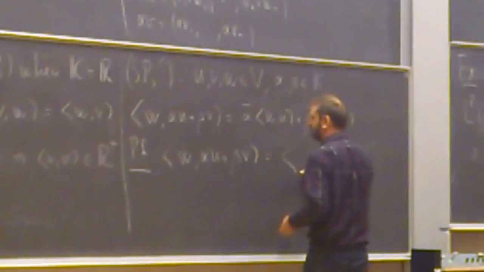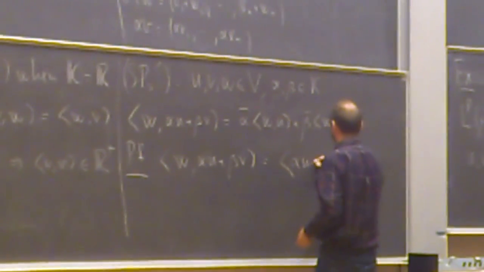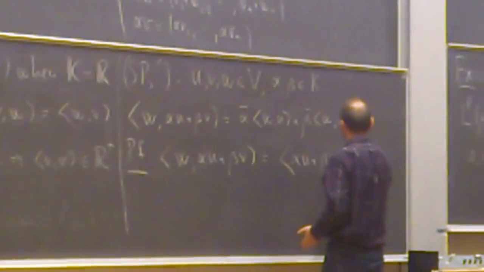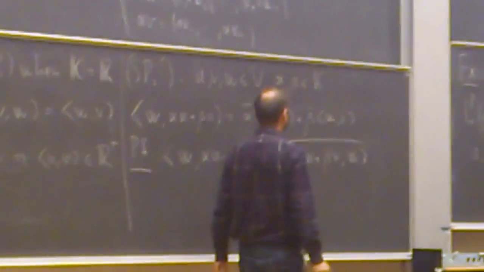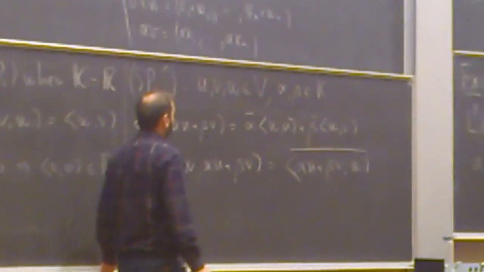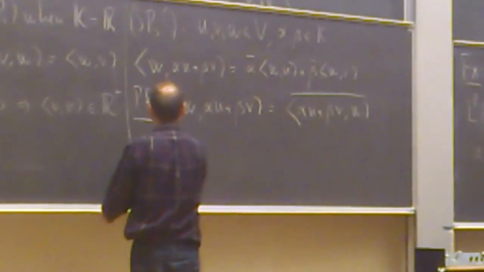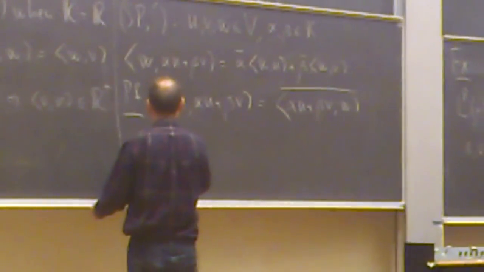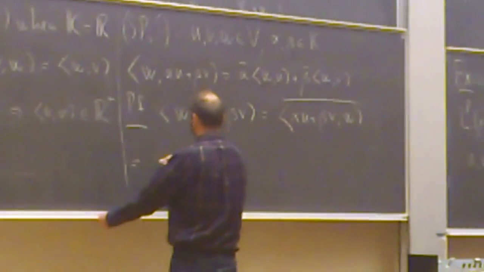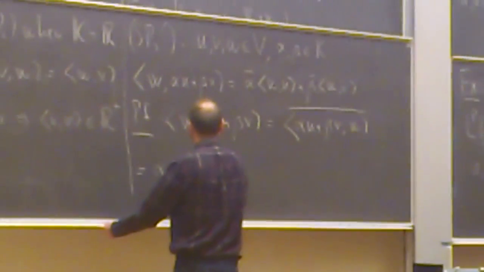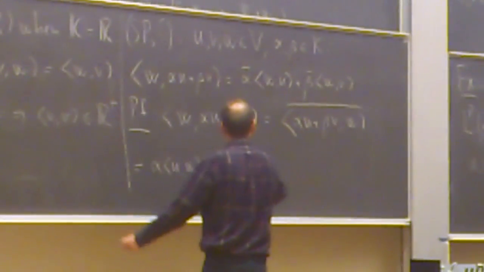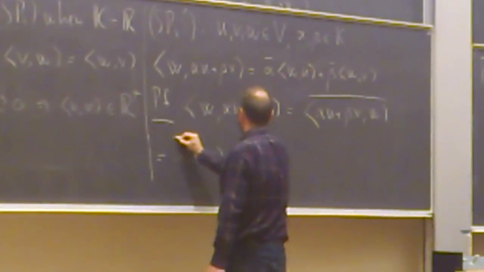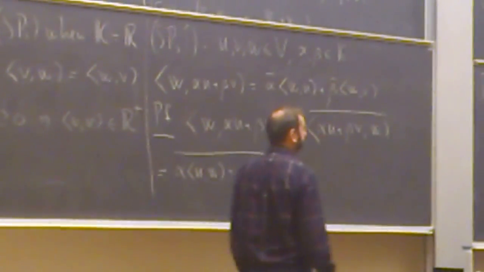So using SP2, we can interchange. We use symmetry, but then we have to complex conjugate. And then we can use linearity SP3 and get what is in here is alpha u inner product w plus beta v inner product w, and then the complex conjugate of it.